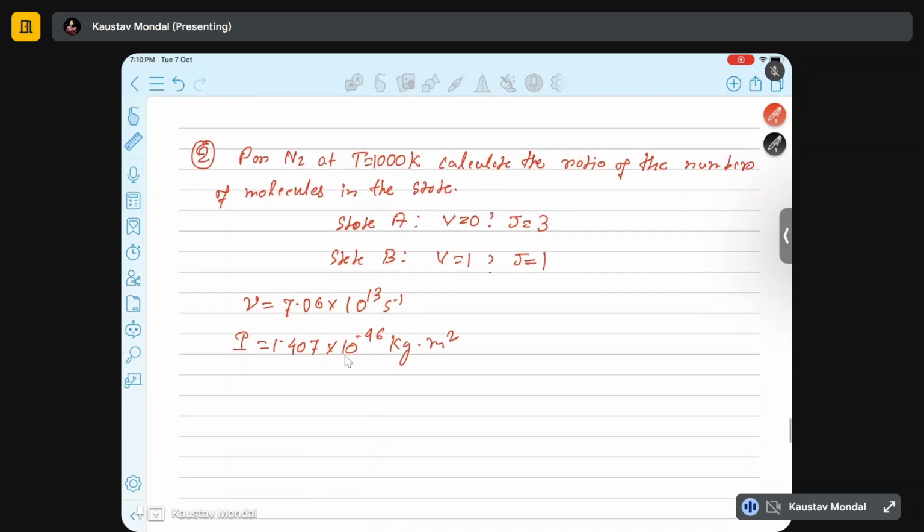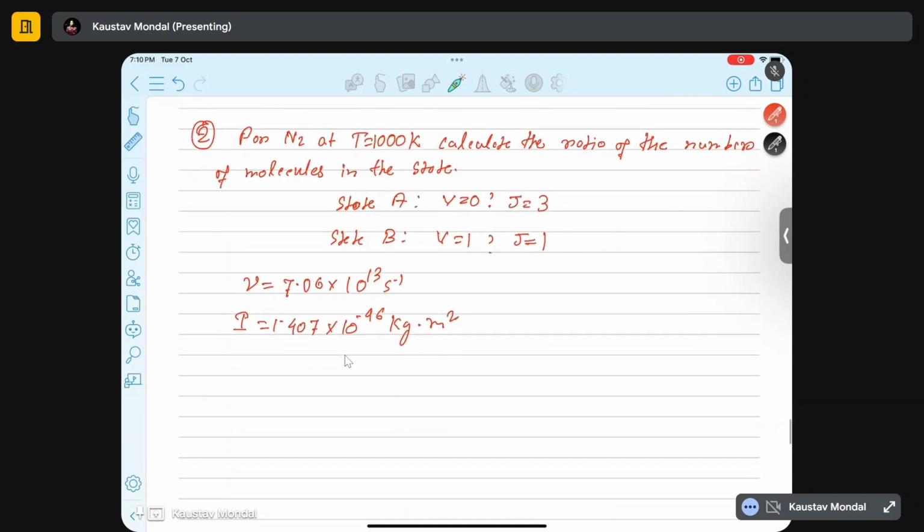Okay, so what is basically asked in the problem is that for this molecule, at T equal to 1000 Kelvin, two states are given. State A is where the molecule is at vibrational state v equal to 0 and rotational state J equal to 3.